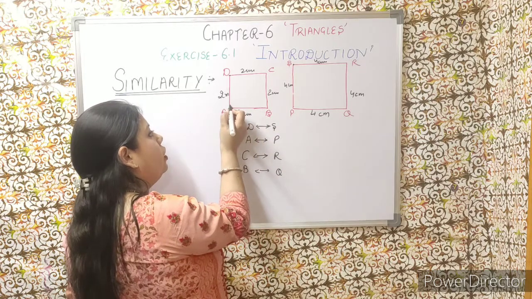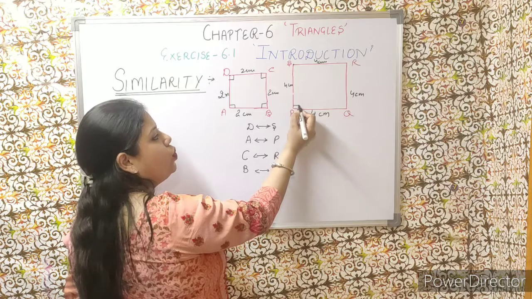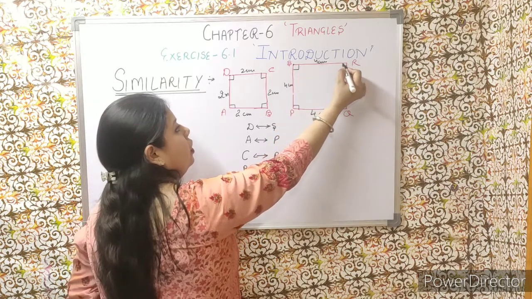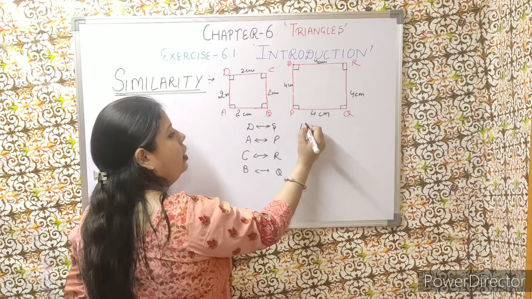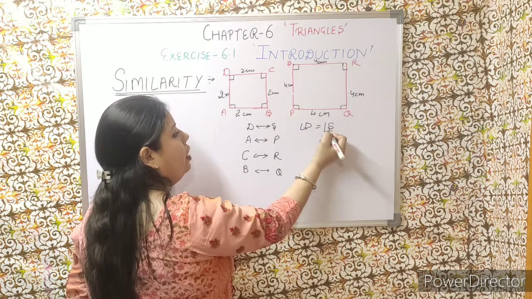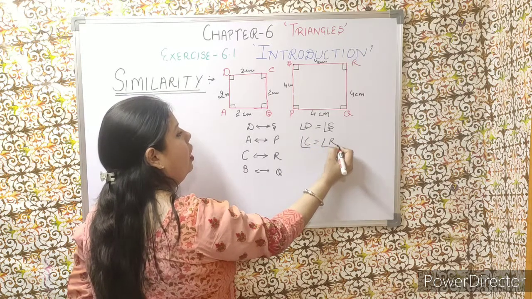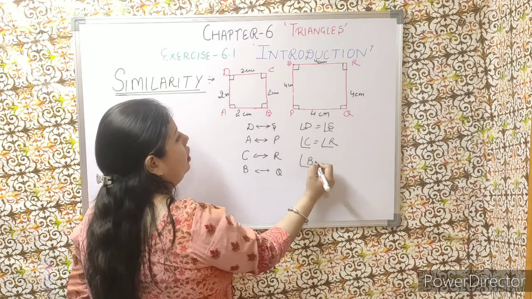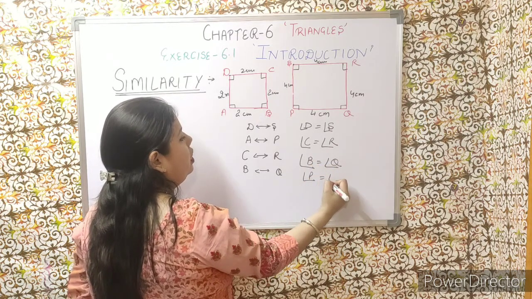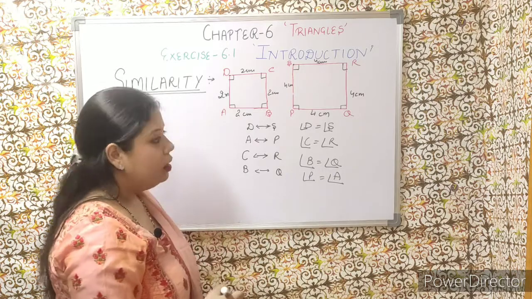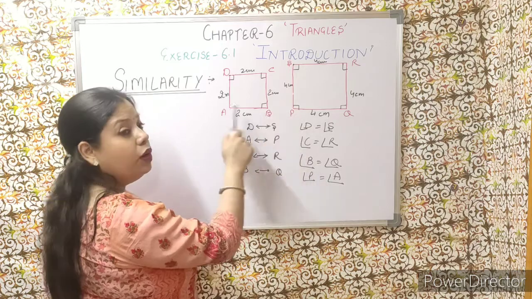Now talking about the angles, all the angles of a square are 90 degrees. So I can say that angle D is equal to angle S, angle C is equal to angle R, angle B is equal to angle Q and angle P is equal to angle A. First of all, we have talked about the corresponding vertices.